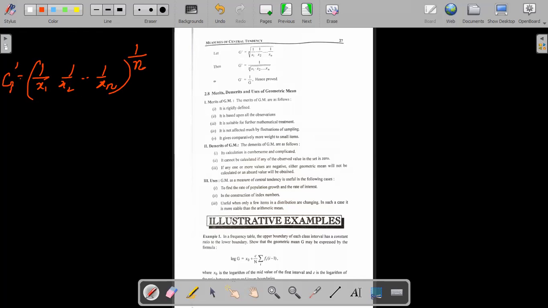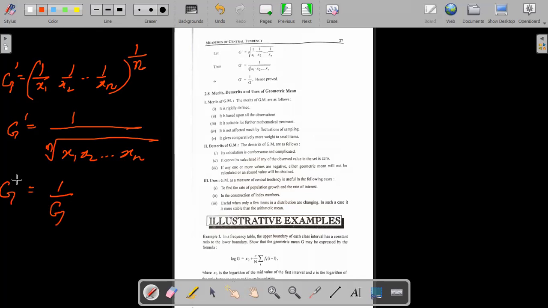Let us say this number is g dash. We can write this as g dash equals 1 upon x1, x2, and so on up to xn, whole to the power 1 by n. So this is nothing but the nth root, and the denominator becomes g. So g dash is 1 by g. They are reciprocals of each other. But is it fine?